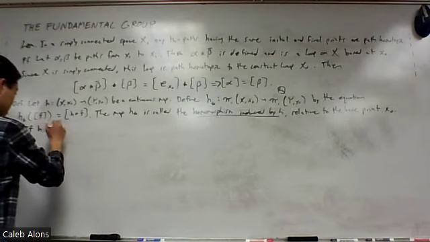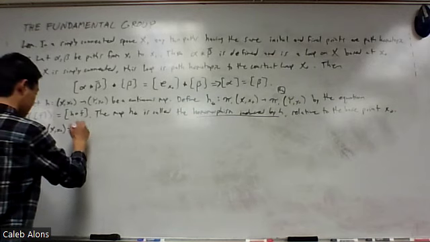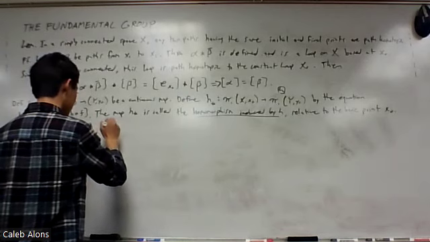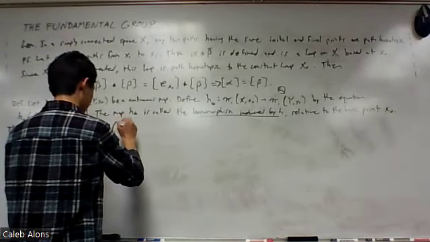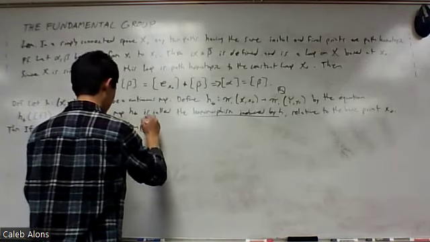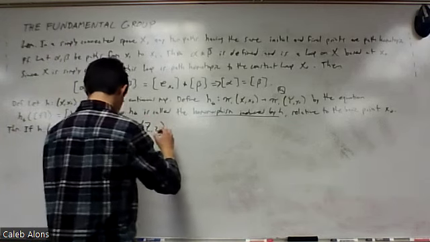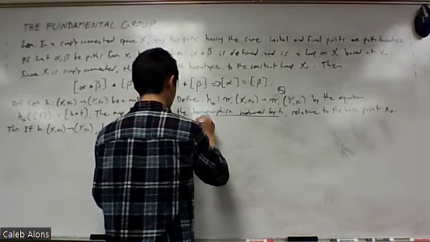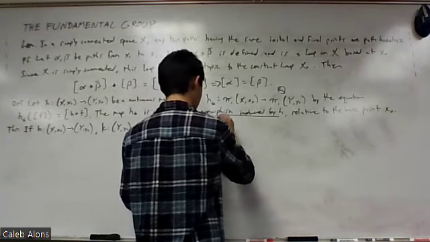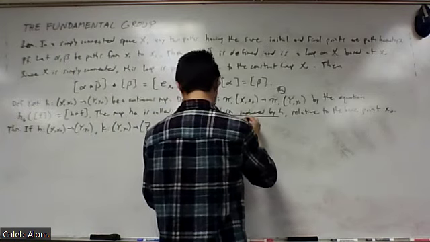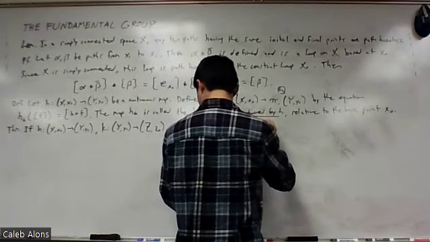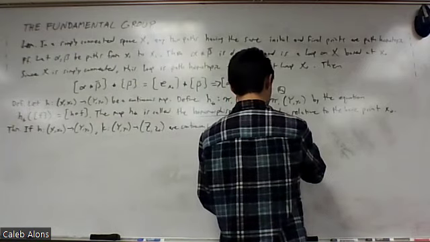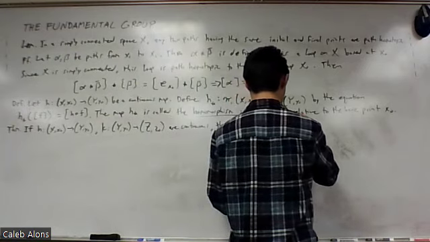If h takes a point x naught in X to a point y naught in Y, and if k takes a point y naught in Y to a point z naught in Z, and if they're continuous, then the composition of k and h under this definition star should be just k star composed with h star.